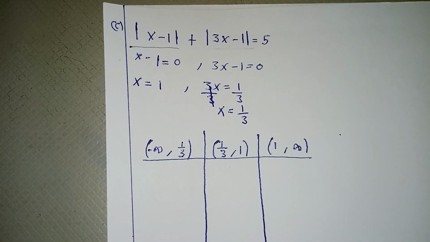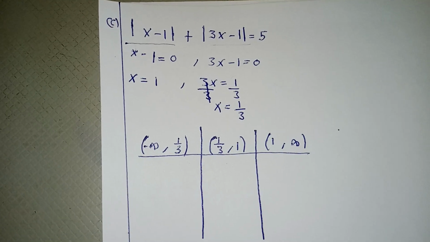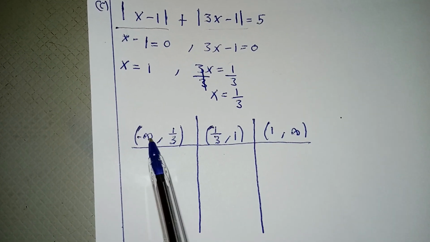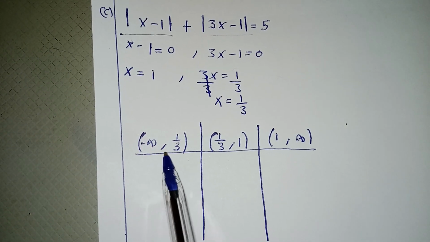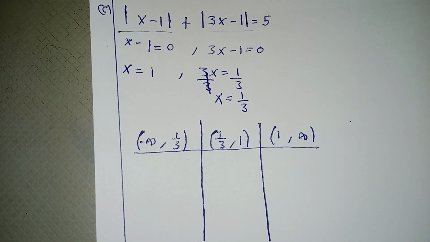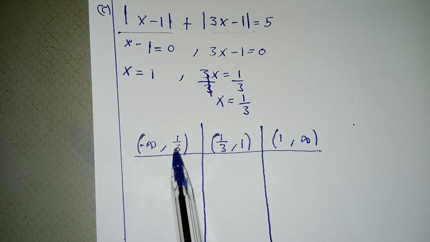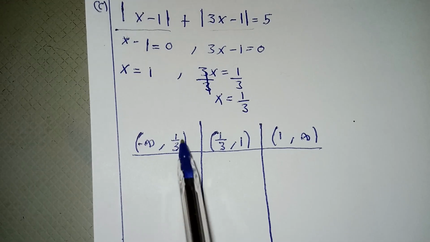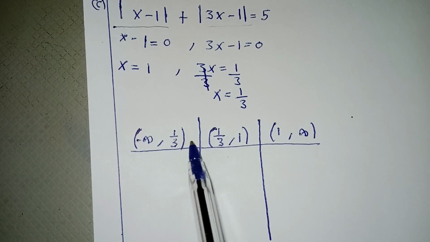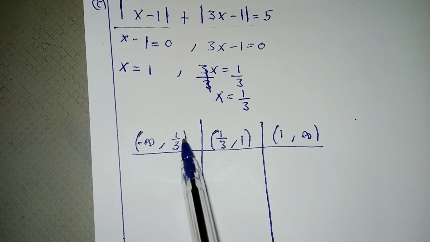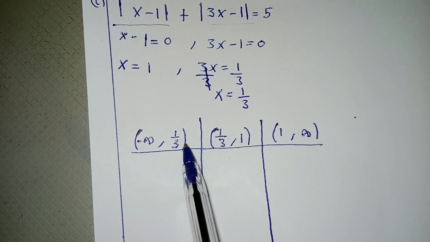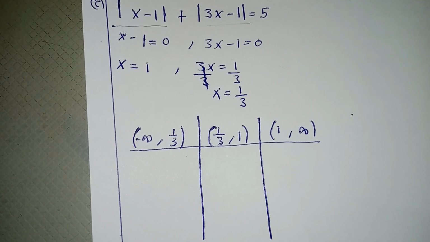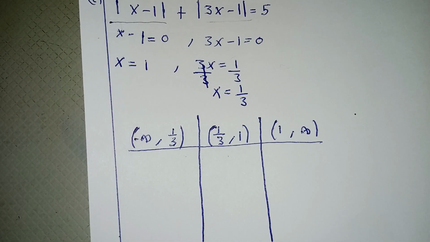Now, if we are to get a value that is between negative infinity and 1 over 3, any value which is less than 1 over 3, of course, 1 over 3 being 0 point something, a number which is just behind 0 point something is negative. Therefore, this will be negative.